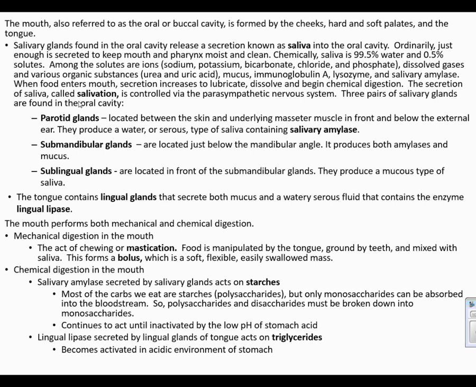Now, salivary amylase really likes a higher pH than a lower pH. Our mouth has a pretty high pH compared to our stomach, because in our stomach we release acid, which is going to lower your pH. Now, enzymes, as we know, are a form of protein.